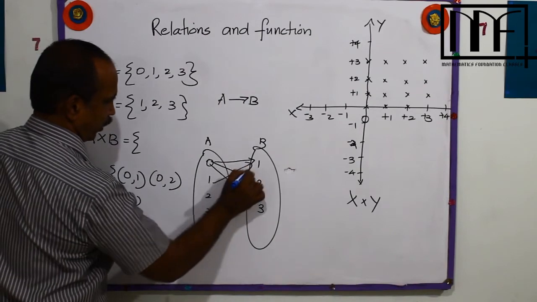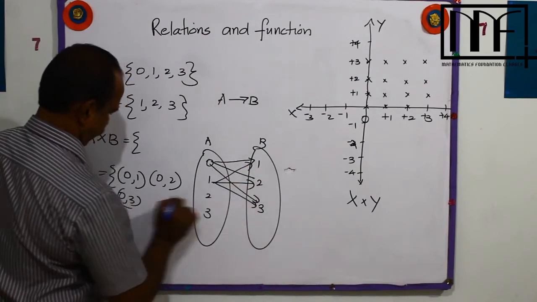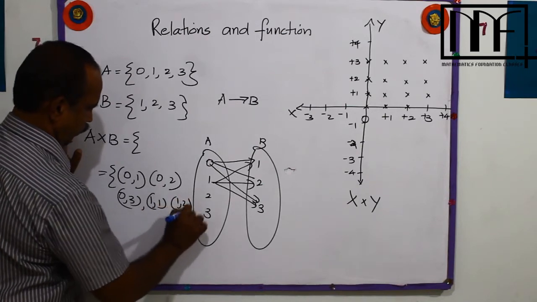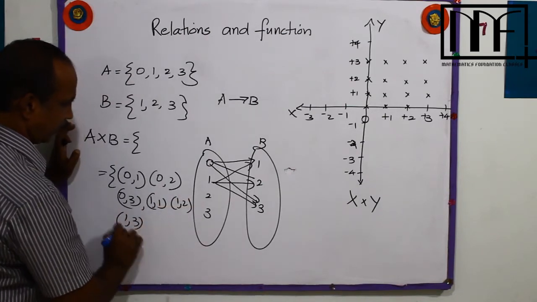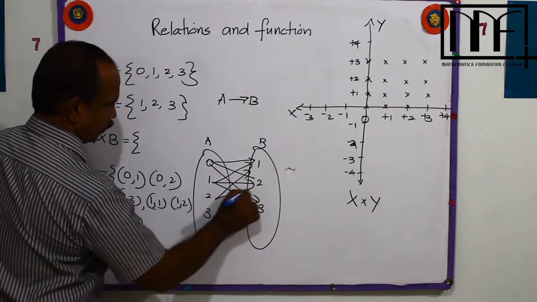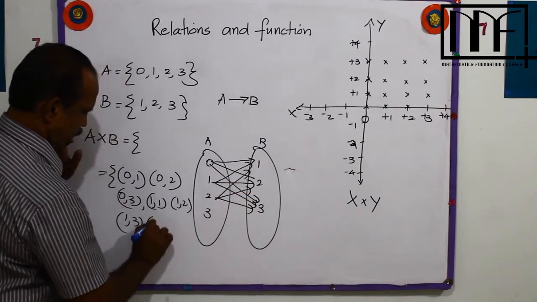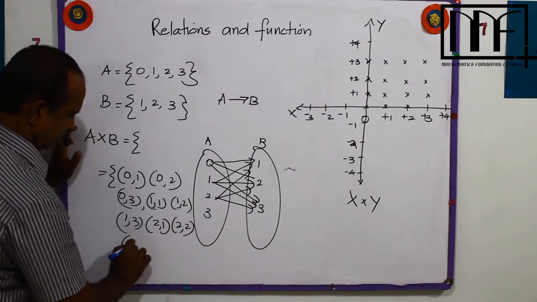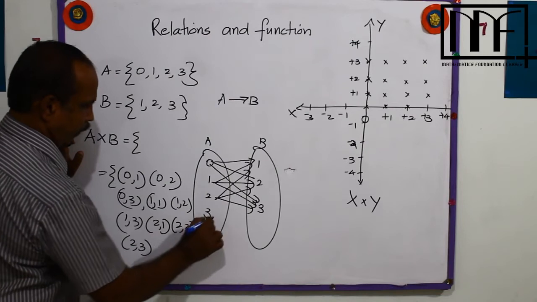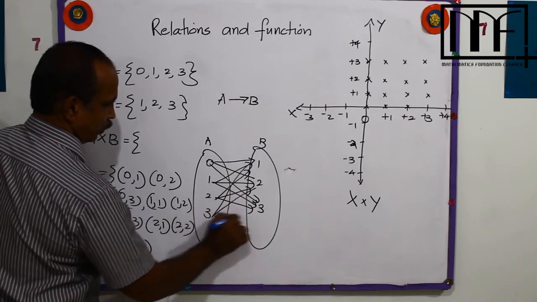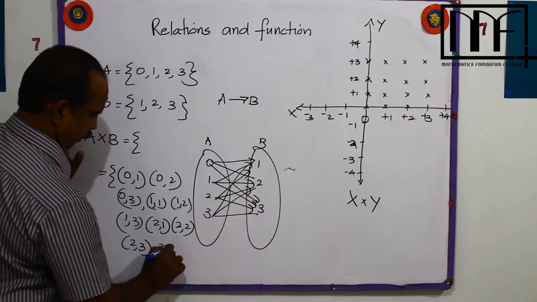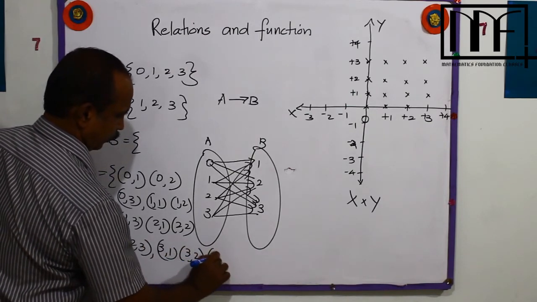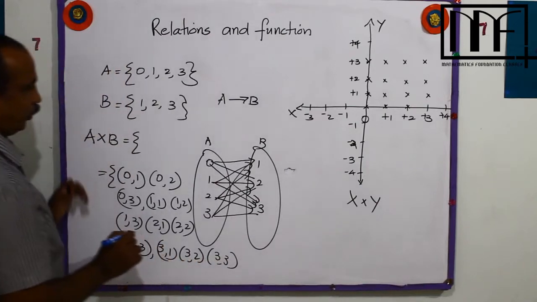Then we have (1,1), (1,2), (1,3), then (2,1), (2,2), (2,3), then (3,1), (3,2), (3,3).